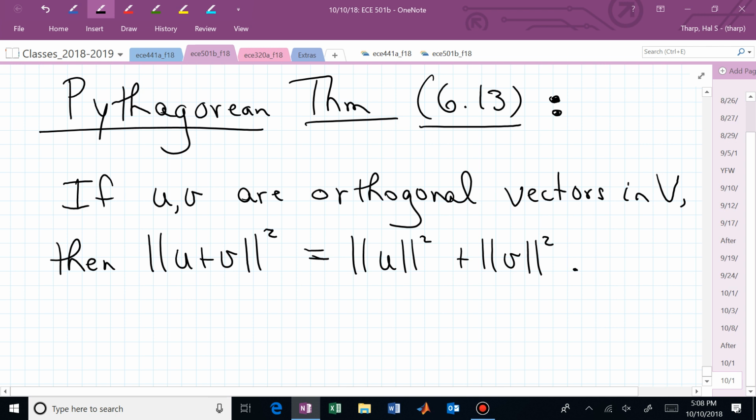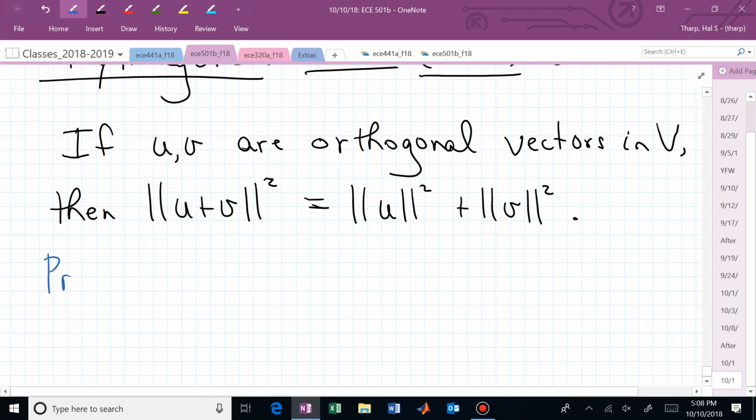Or a squared plus b squared, that's on the right, is equal to c squared. That's if u and v are orthogonal.